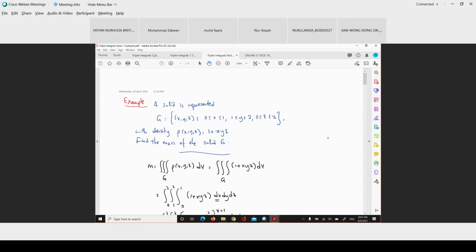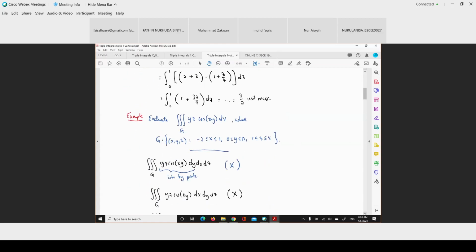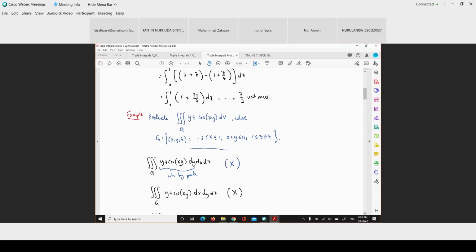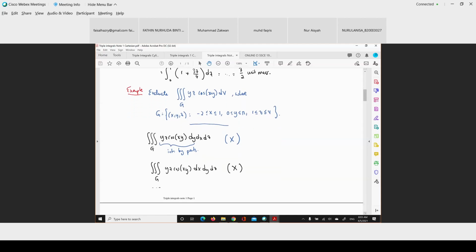Then we looked at some applications, finding the mass of a solid object using triple integrals. And sometimes we just want to evaluate triple integrals without any view of application, just a matter of evaluation of triple integrals.